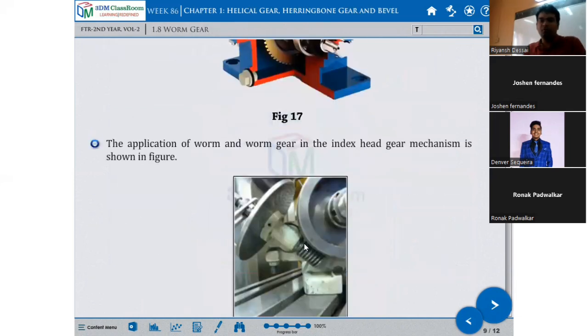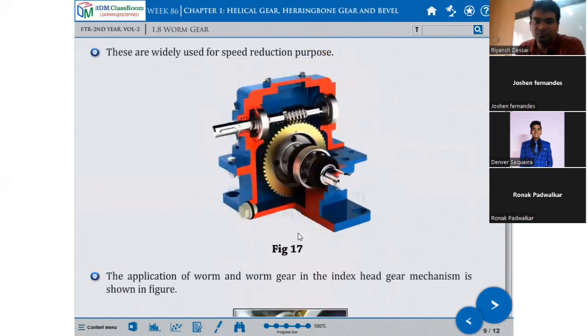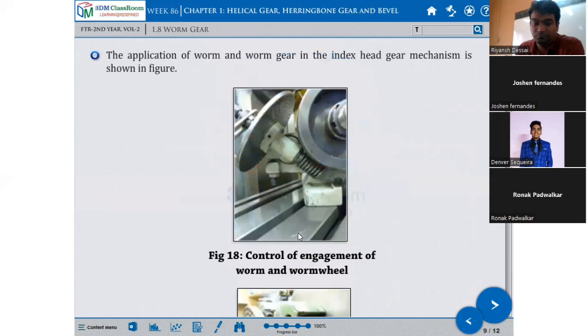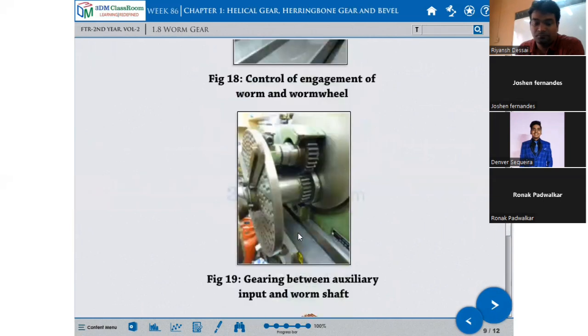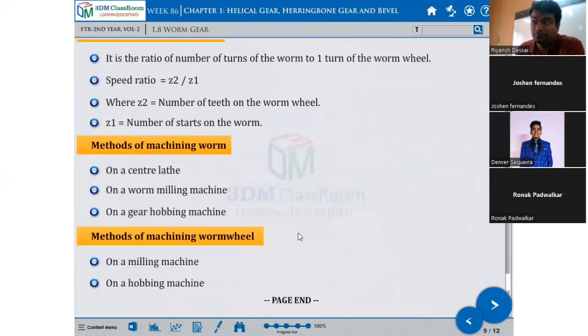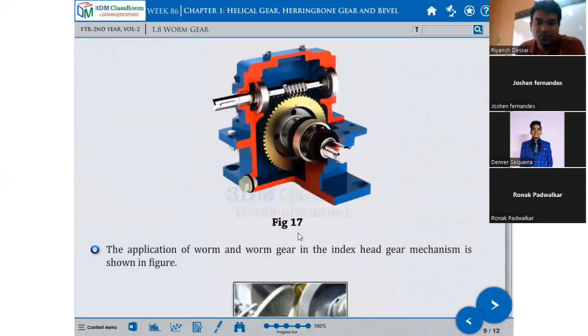Applications of worm and worm gears are in the index head gear mechanism as shown in the figure. So in the indexing head there is also a type of arrangement with worm and worm wheel.